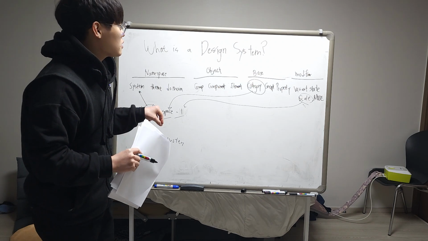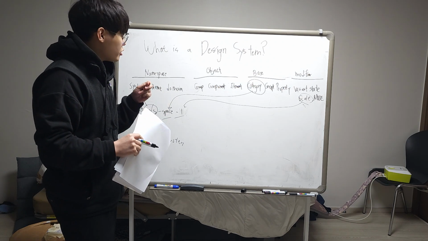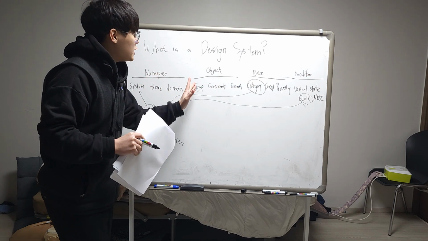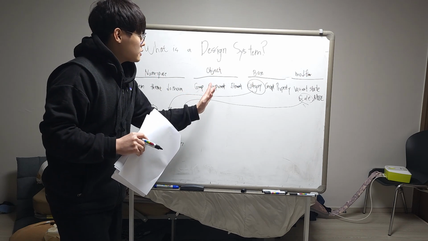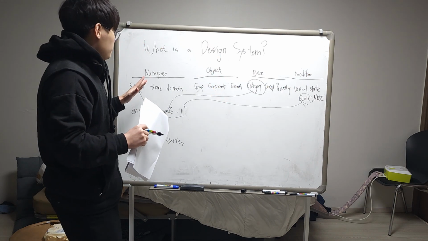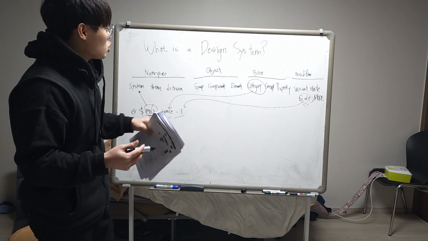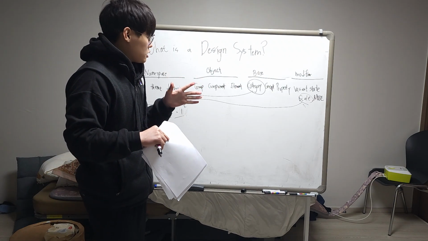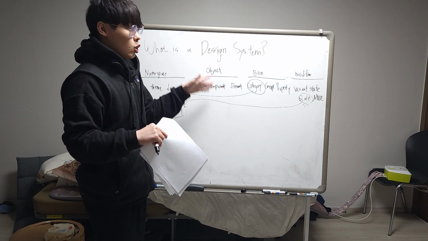But the thing is that it's really hard. The reason it is hard is that you have to know the exact things about your object, the base, modifier, namespace. You have to care about those components. You have to decide which is the component and which is the element.